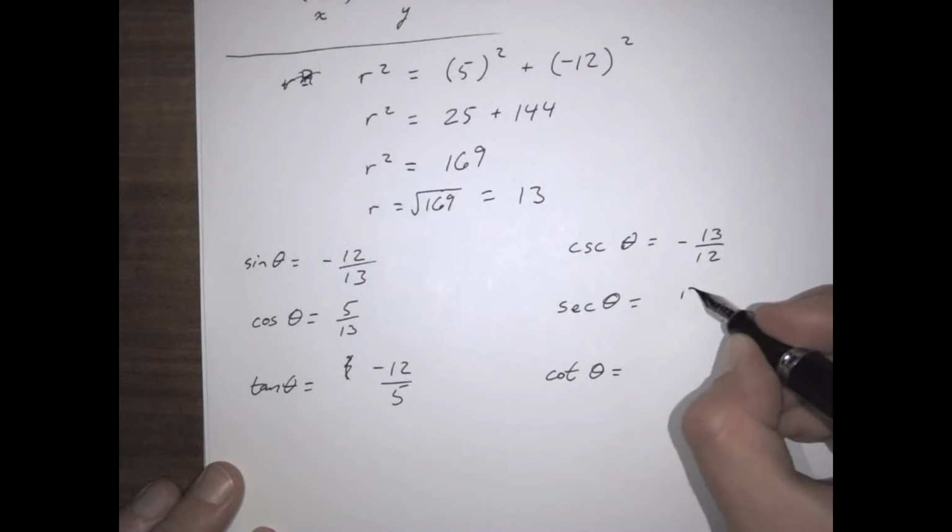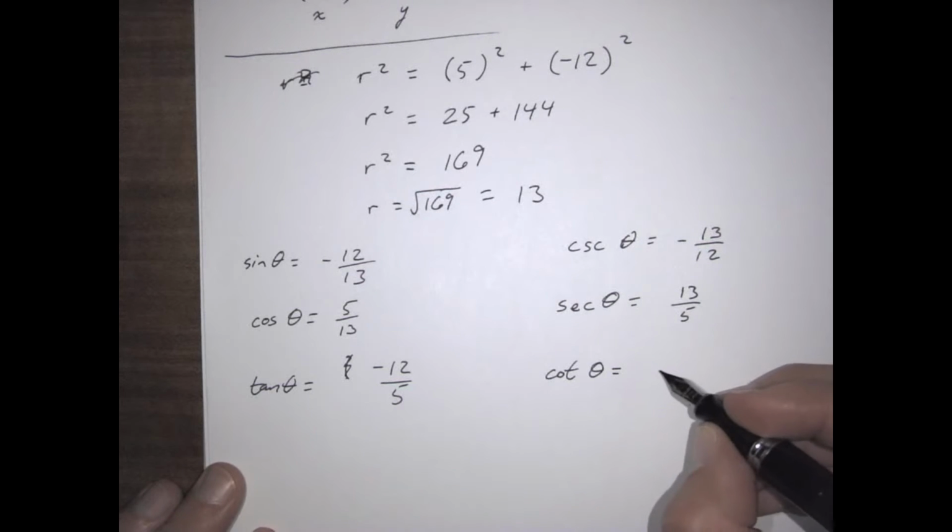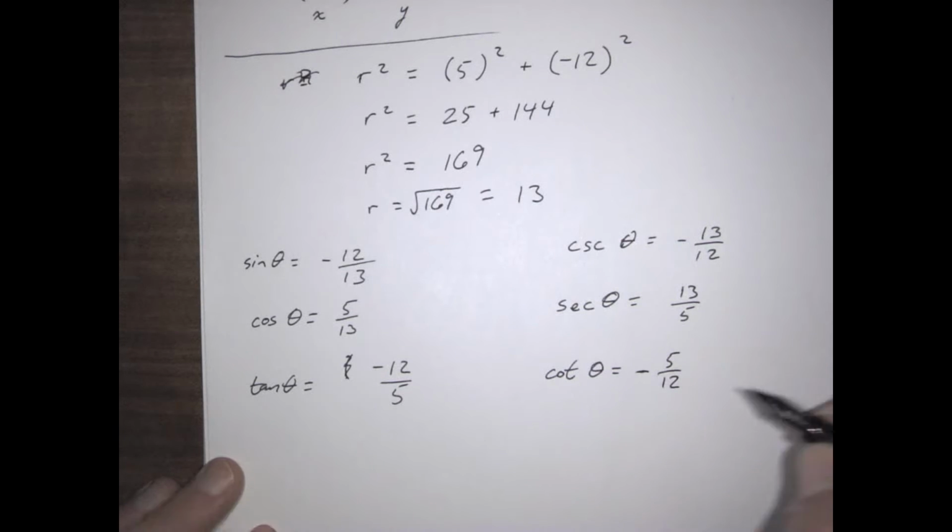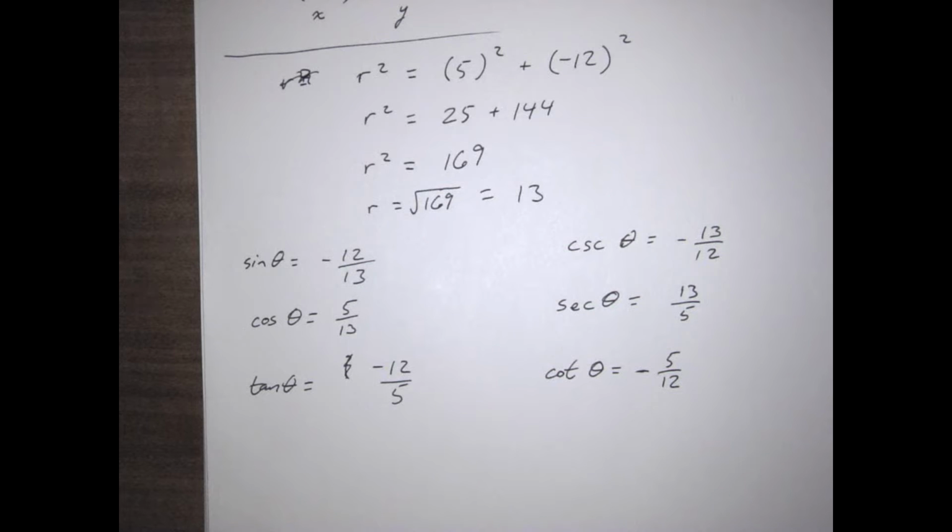This one is 13 over 5, and this one is, sorry, negative 5 over 12. Whenever we have a negative, you can write it more or less associated with the numerator, or you can put it in front of the entire fraction, but it's very uncommon to write the negative actually in the denominator.